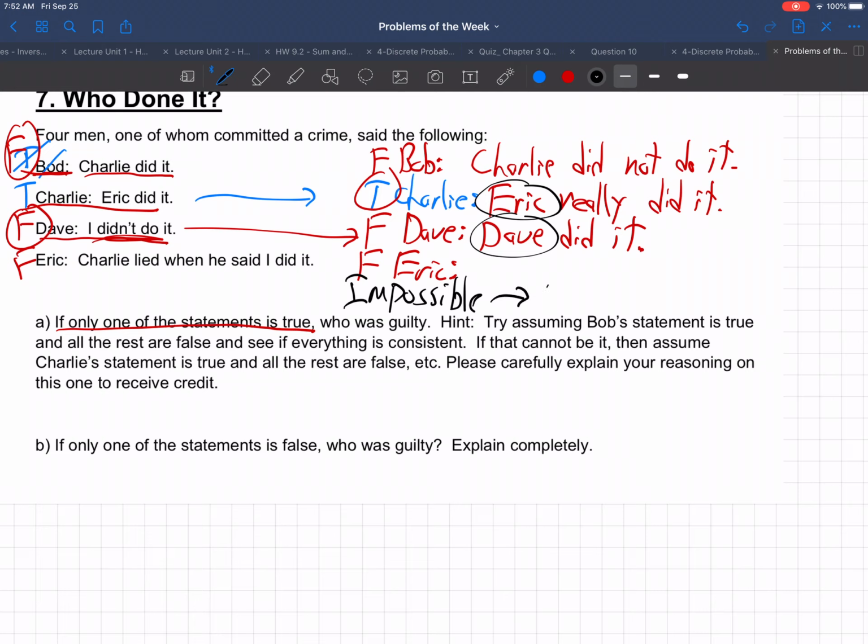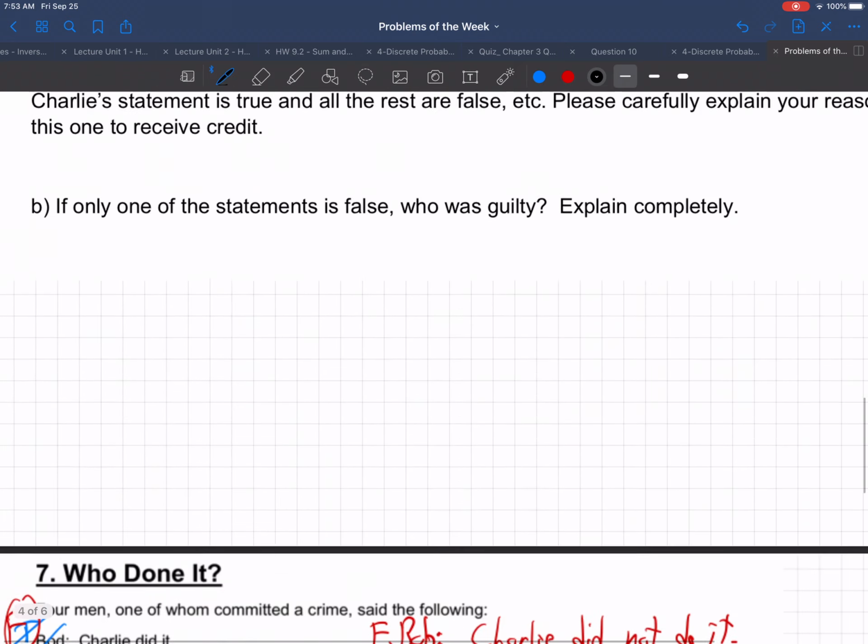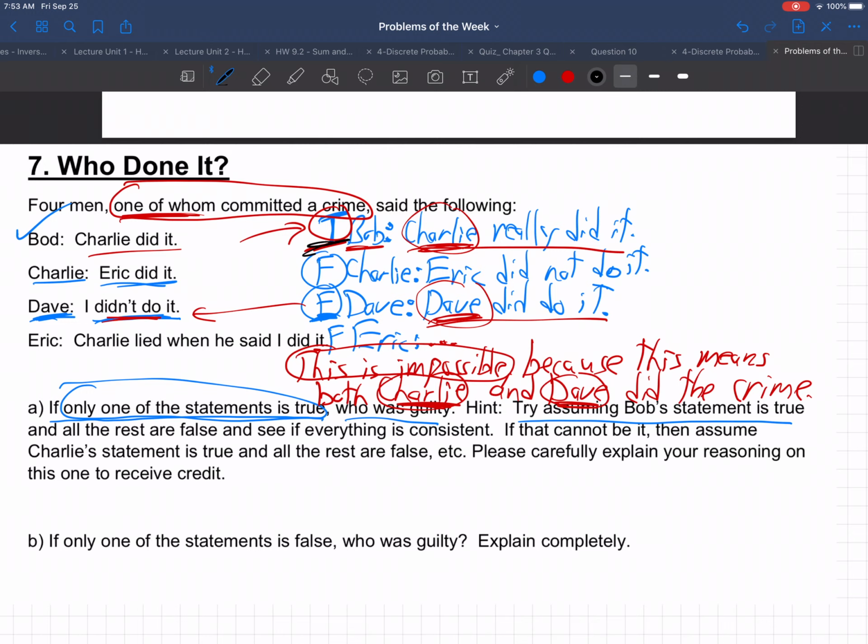Two people did it. So it cannot be the case that Charlie is the truthful one and everybody else is false, just like it cannot be the case that Bob is the truthful one and everybody else is false.